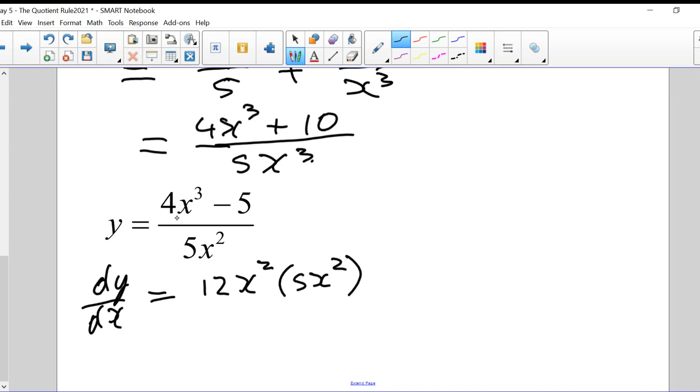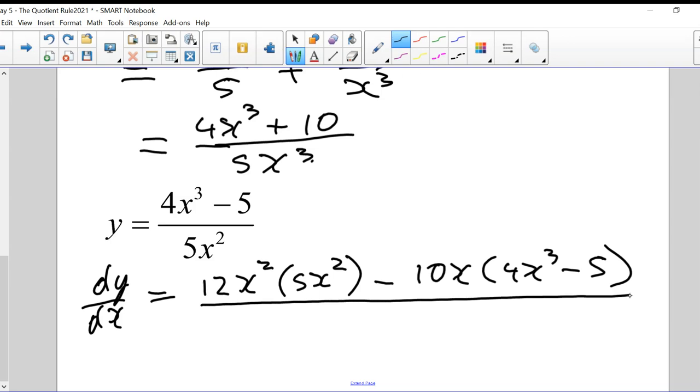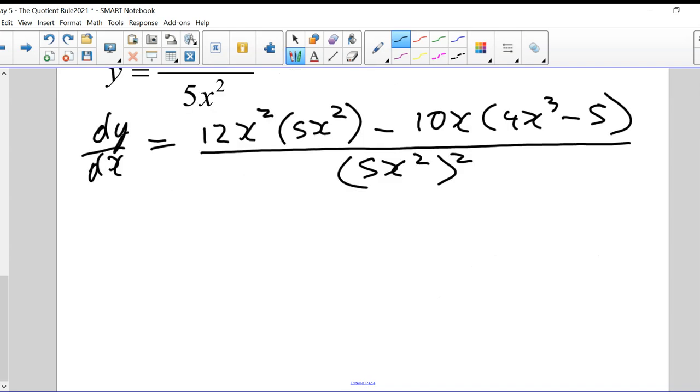So the top derived, 12x squared, times that, minus the bottom derived, which goes to 10x, multiplied by 4x cubed minus 5, all of that over 5x squared squared. All right, hope I'm not losing anybody here. Let's try to tidy this up now.